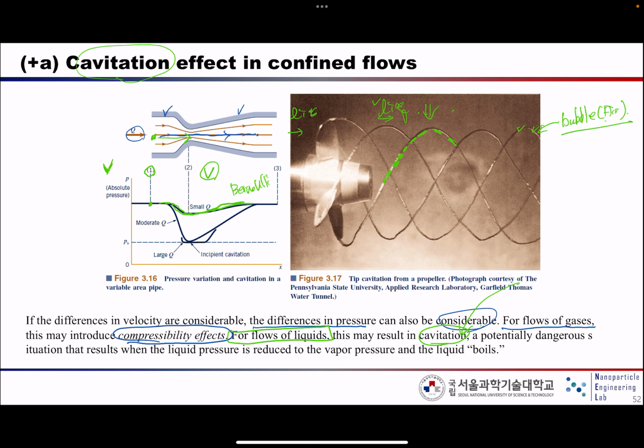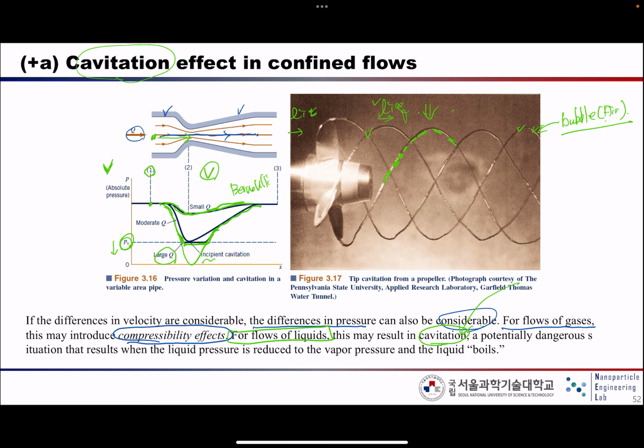But if the flow is very large, the diagram looks like this. Below a certain point, the vapor pressure, this air pops up, so the pressure no longer goes down, and it stays steady at this PV value.